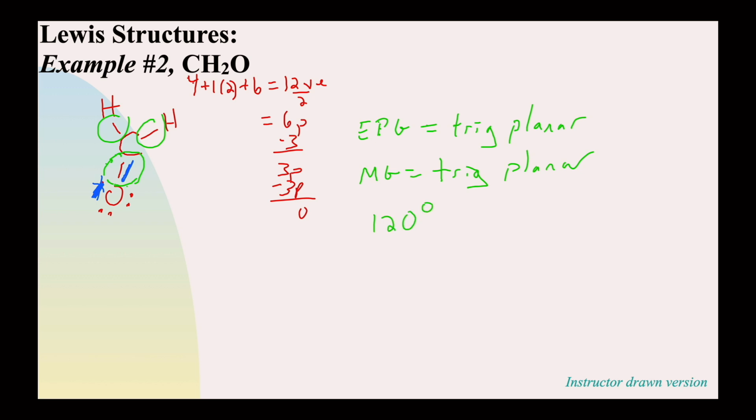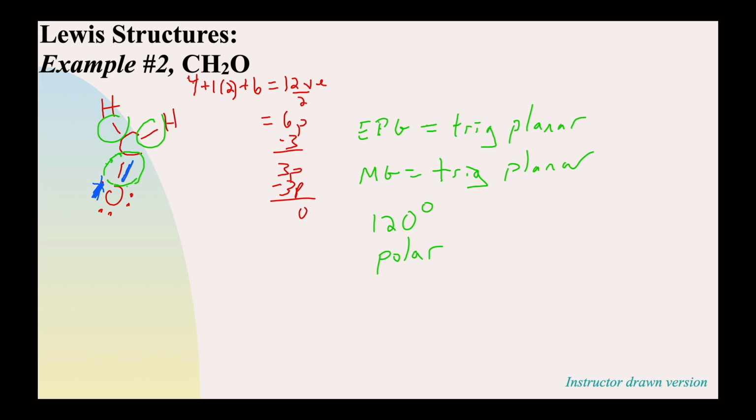So those angles, the HCH and the HCO angles, are all going to be about 120 degrees. And then finally, because this is an asymmetric molecule, not everything is the same around that carbon. That means this molecule is going to be polar. So we made a double bond there because carbon must have an octet, 4 bonds around it. And we can interpret all of this.